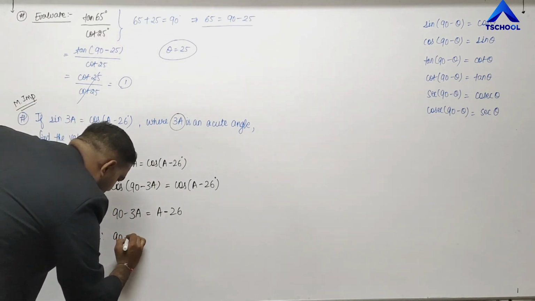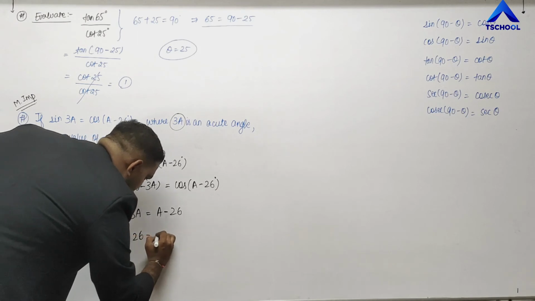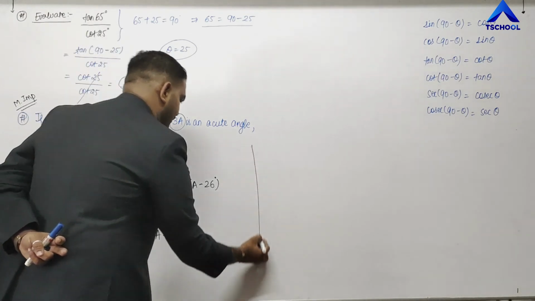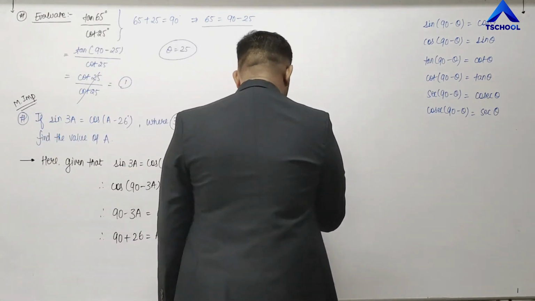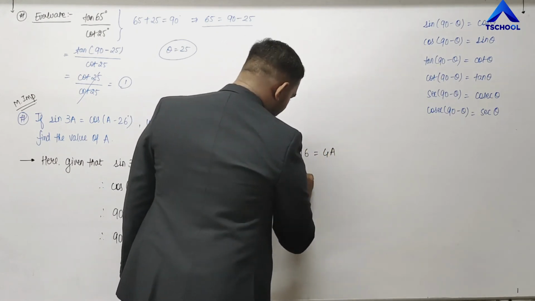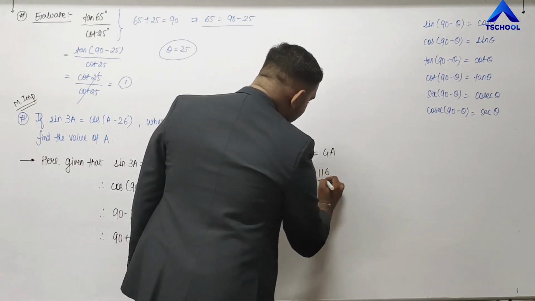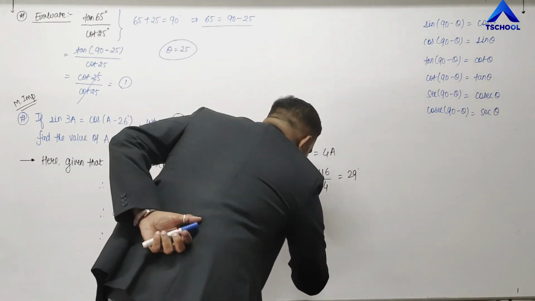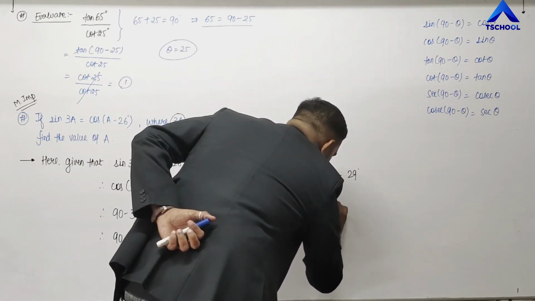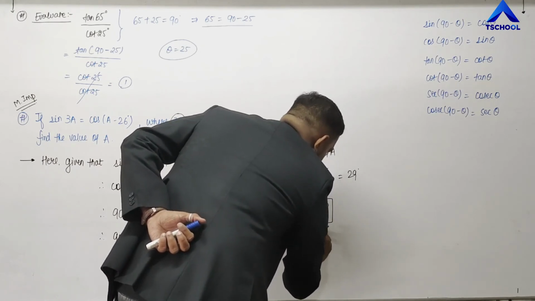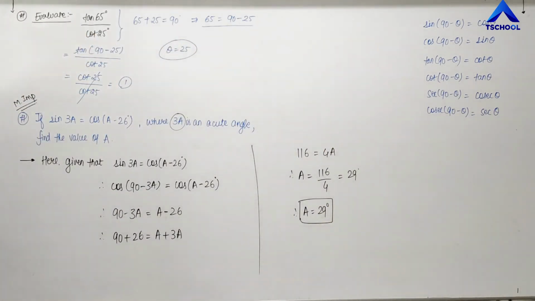Therefore 90 plus 26 is equals to a plus 3a, which gives me 90 plus 26, which is equals to 116, is equals to 4a, and hence a is equals to 116 upon 4, which is equals to 29. Therefore the value of a is 29 degrees.